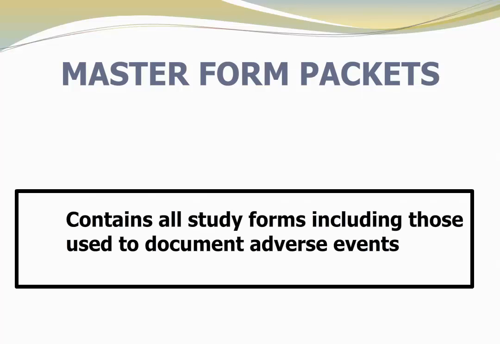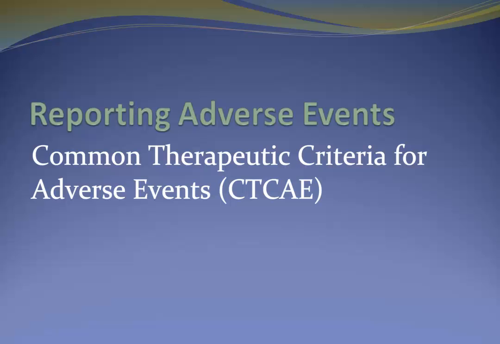All new protocols open in Rave. However, active protocols currently using the SWOG data submission program will continue to use it until they are closed to follow-up. While data submission procedures may have changed with Rave, adverse event assessment and reporting has not changed.